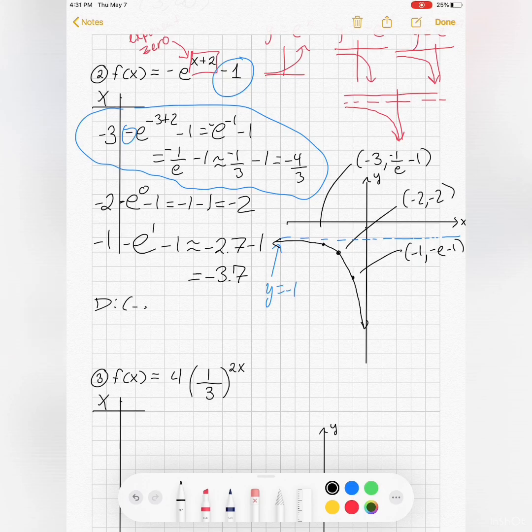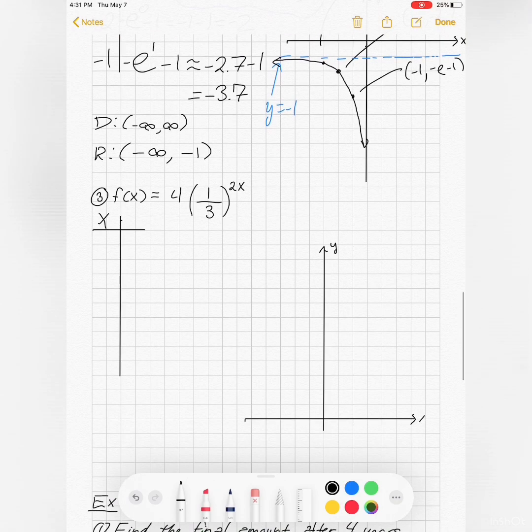Okay, domain for all my exponentials, all real numbers. The range would be negative infinity up to that horizontal asymptote, -1. Let's see. I didn't label the y-intercept. I mean, I could.